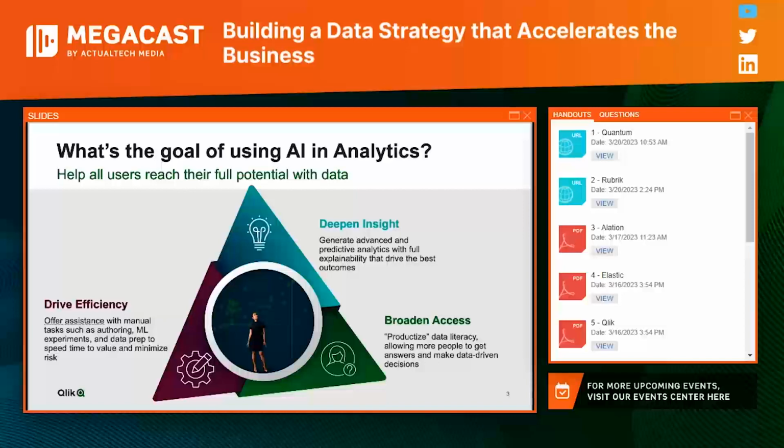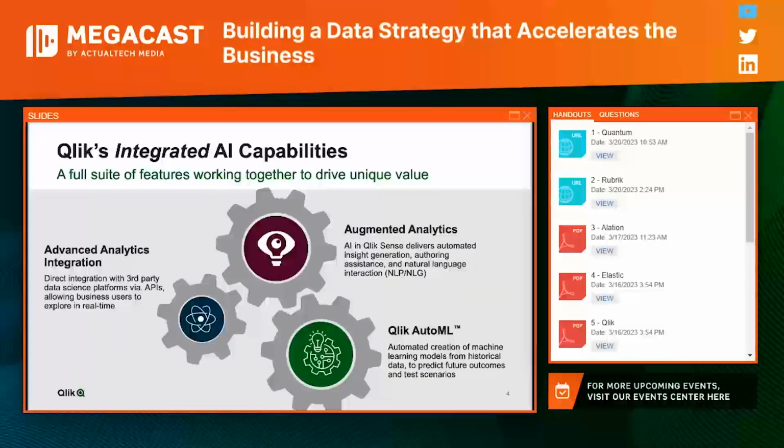And so what we do at Click, we offer a fully integrated set of AI capabilities. And this is a full suite of features working together to drive a unique value proposition. So with AI and Auto ML built into our foundation, we can cross-pollinate these, surfacing ML capabilities within ClickSense in our augmented analytics, as well as utilizing ClickSense analytics in our Auto ML workflows.